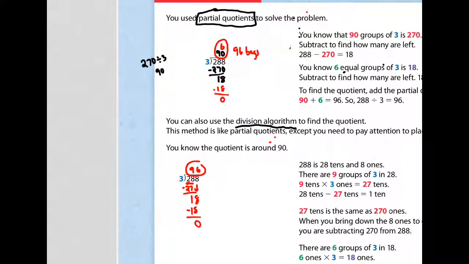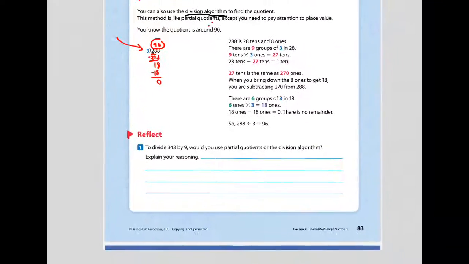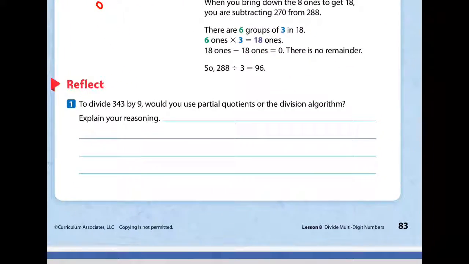All right, so throughout this lesson, in Lesson 8, we'll be practicing both methods of division, and you can decide whatever you like better. I don't care. I'm used to this because this is how I learned as a kid, but I will also show you partial quotients. All right, now here's what I want you to do. In the reflection question, it says, to divide 343 by 9, would you use partial quotients or the division algorithm?